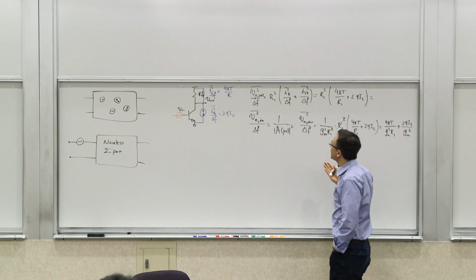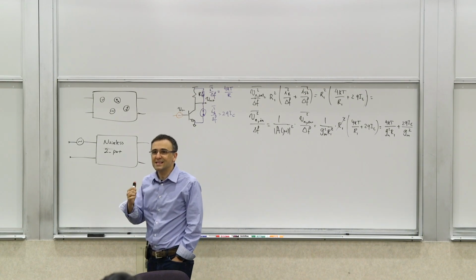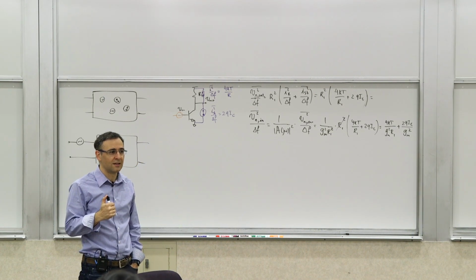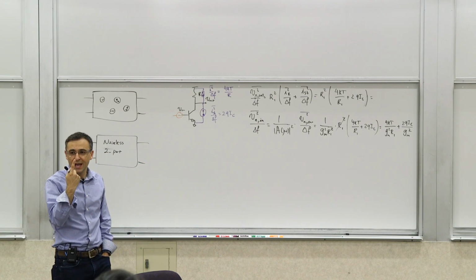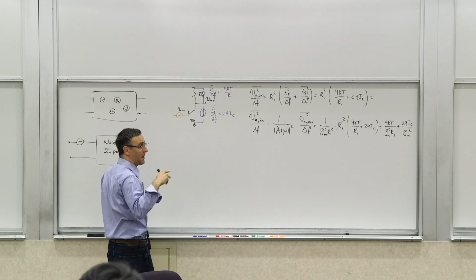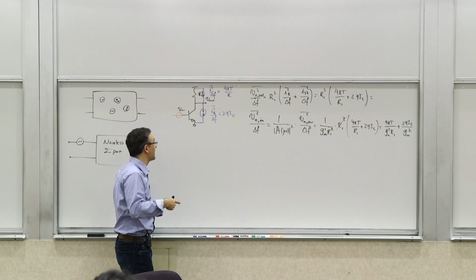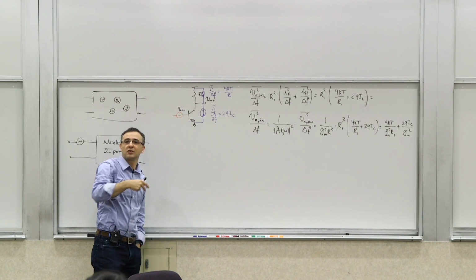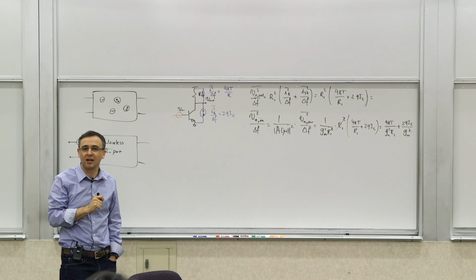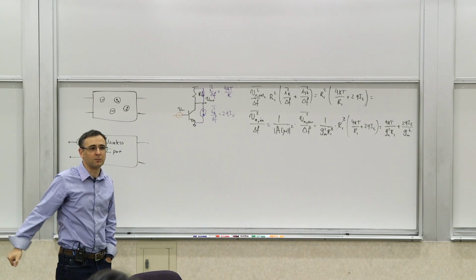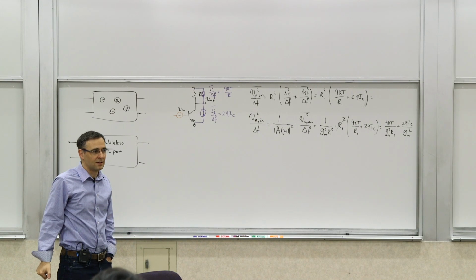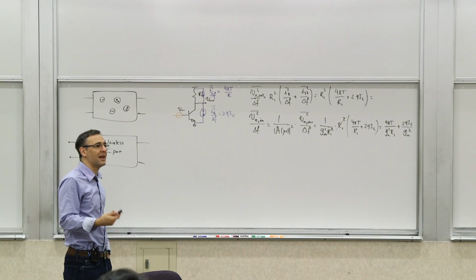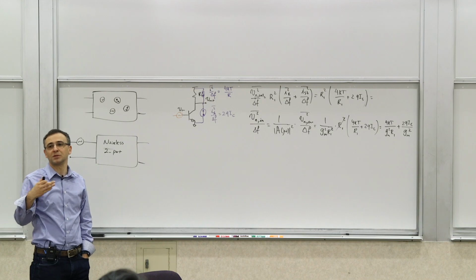But before we do that, let's talk about this. This is not real in the following sense: if you take a noise meter or a spectrum analyzer, a very sensitive measurement device, and attach it here and try to measure this noise, you will not measure this quantity at the input. This is what you would have to put in there if everything else was noiseless to produce that output.